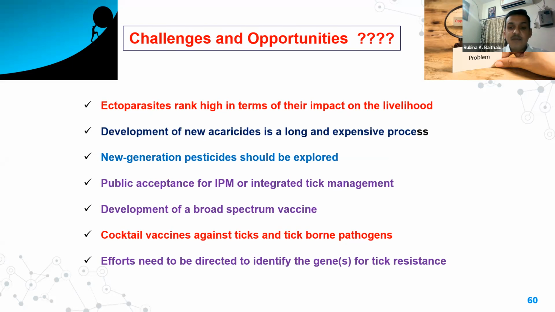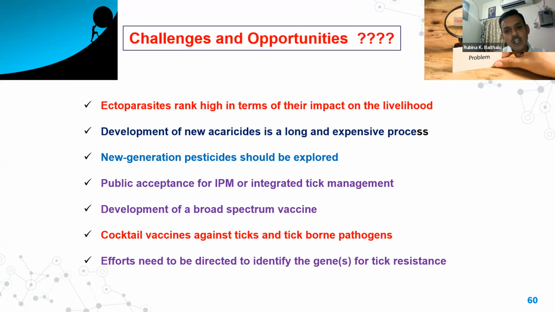A cocktail vaccine against ticks and tick-borne pathogens should also be considered. We have already seen that multiple tick species infesting animals is an impediment to the use of tick vaccines with a narrow spectrum, having antigens of a single tick species. Therefore, there remains a need to identify broad range vaccine candidates against tick infestation. People have already got very good results using subolesin as a target, which is effective against different tick genera, and the activity of the subolesin protective antigen was demonstrated to extend to other tick species also.